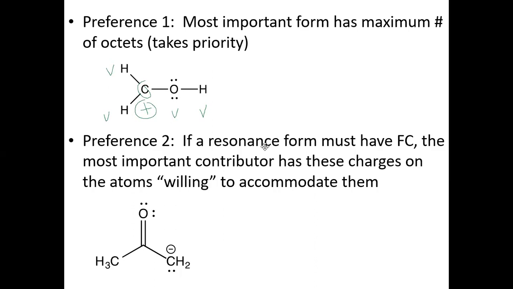You can hit pause. What I can do is that this lone pair can come down like this. So now my resonance form, my carbon still has the hydrogens, right? There is now a double bond. The oxygen only has 1 lone pair, and there is a hydrogen. I can't break my sigma bonds. Oxygen still now has 3 bonds and a lone pair.